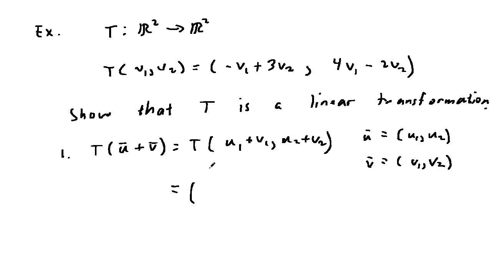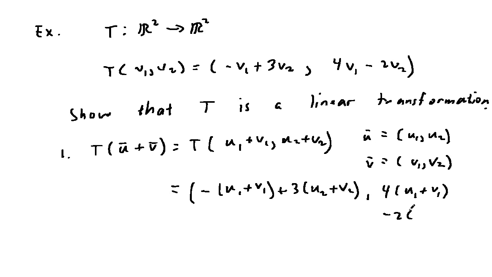So the first part is negative the first component plus 3 times the second component, and for this second component we get 4 times this minus 2 times this.